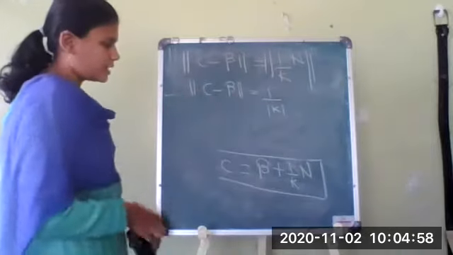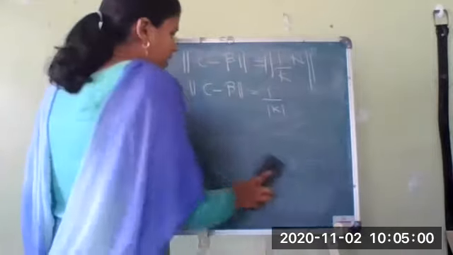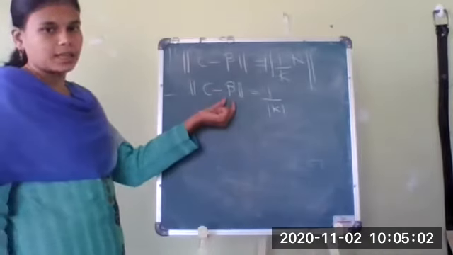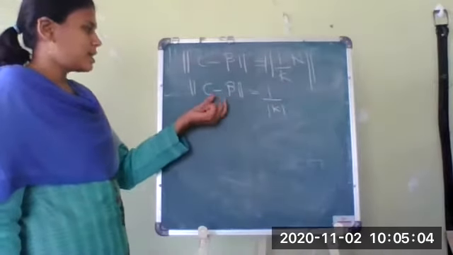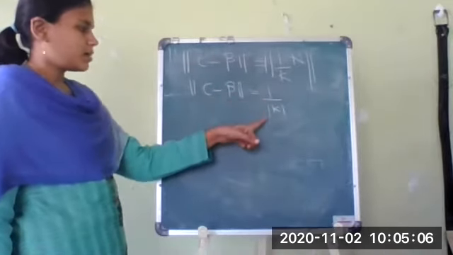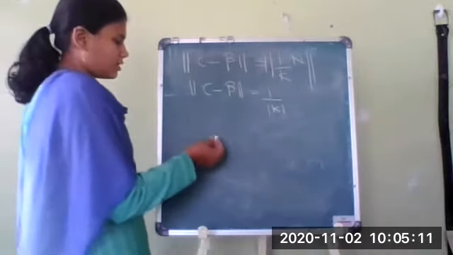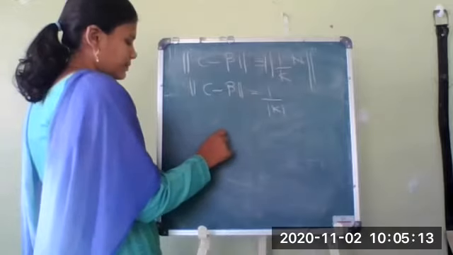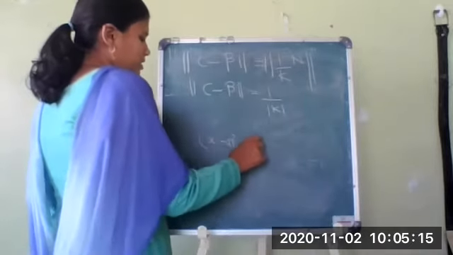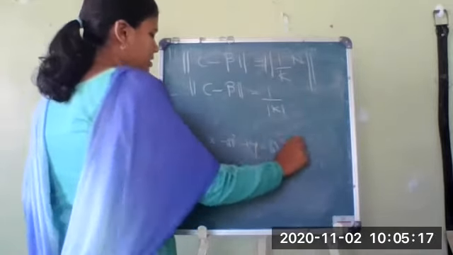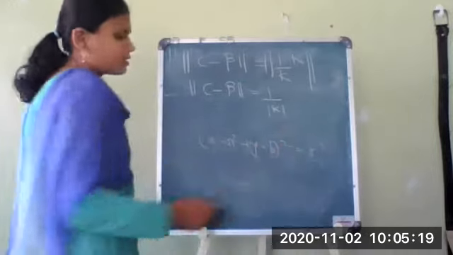So this will be just like the equation of a circle, right? Beta is our curve and it has a constant distance 1 upon k from c. Just like our circle, no? What is the equation of a circle? (x minus a) whole square plus (y minus b) whole square is equal to r square. Correct?